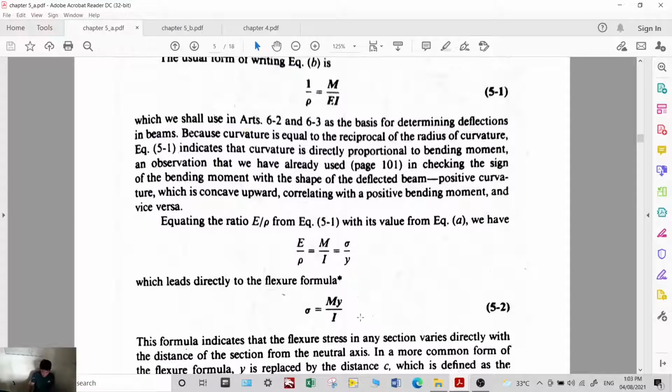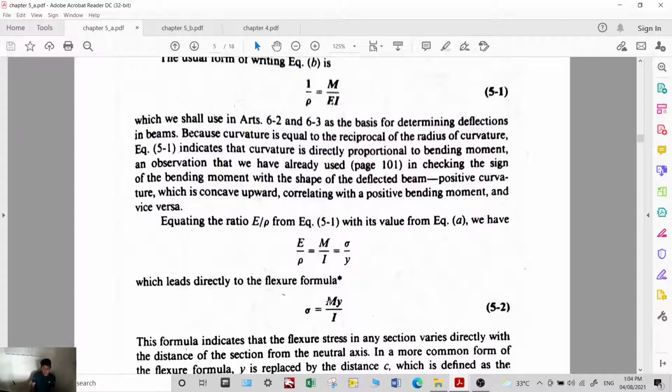So this is the bending stress, or the flexure stress. Okay, the derivation is a bit confusing but the equation is simple. You get the maximum moment. Where do you get the maximum moment? You get it from the moment diagram.